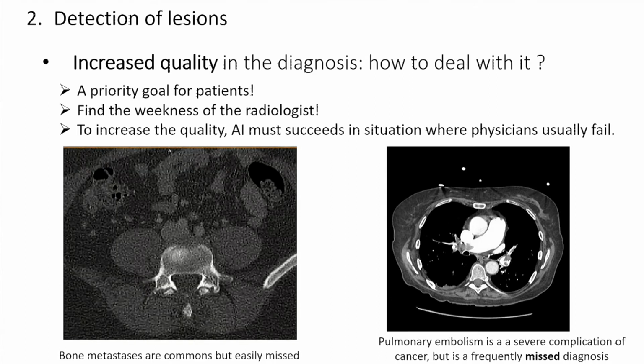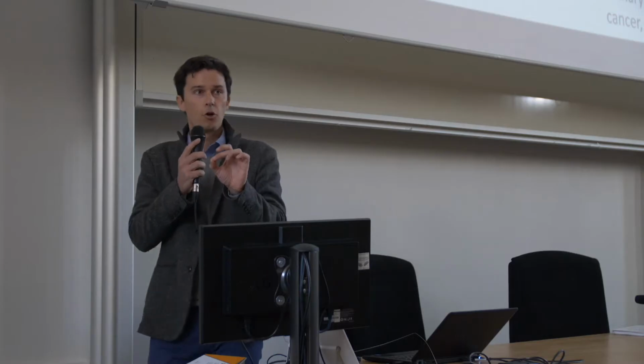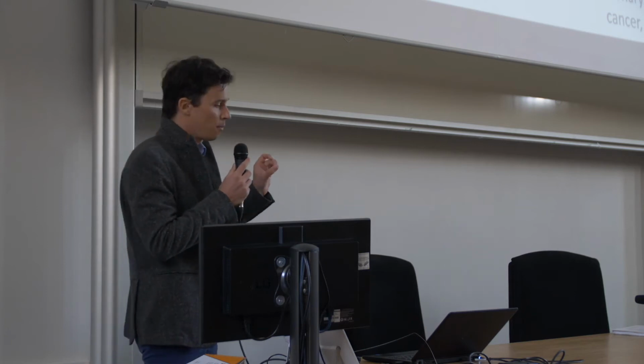One other interesting example is about complications. When you have a patient with cancer, one main complication is pulmonary embolism. It's something that occurs quite often, and it's very bad for the patient because he can die of it. And when we are checking the images, most of the time we check the tumor lesions, but we forget to check for complications and pulmonary embolism.